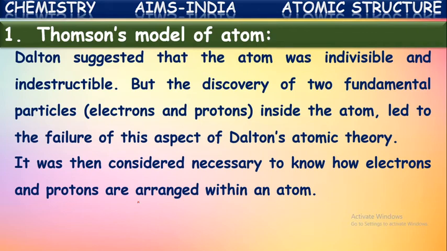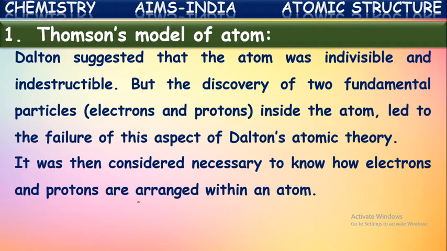So the particles present inside the atom were discovered, and they are called fundamental particles. Then it was considered necessary to know how these electrons and protons are arranged within the atom. They came to know that these particles are present inside the atom, so how do they coexist, how are they arranged in the atom?